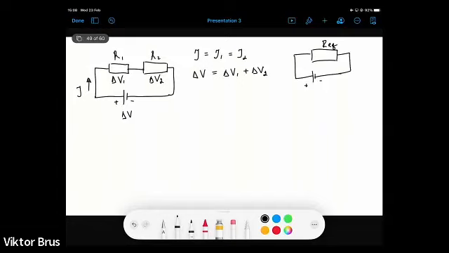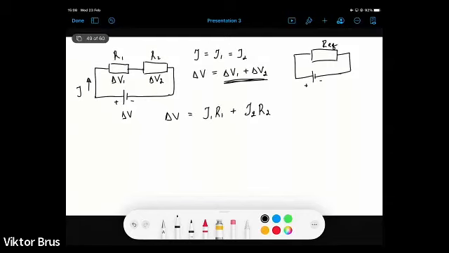So we can do the following. We express delta V1 and delta V2 in terms of electric current and the values for our resistors R1 and R2. So we can write delta V equals I1 times R1 plus I2 times R2.